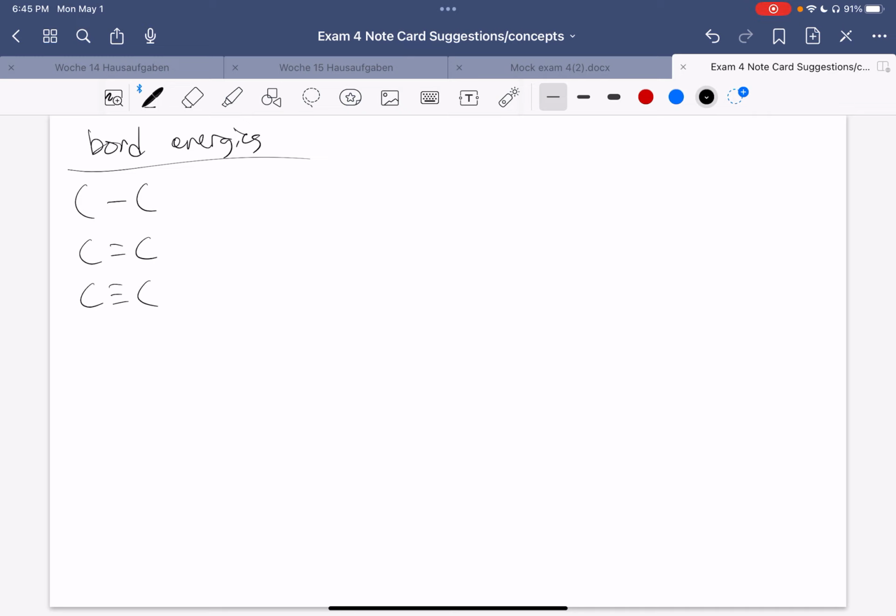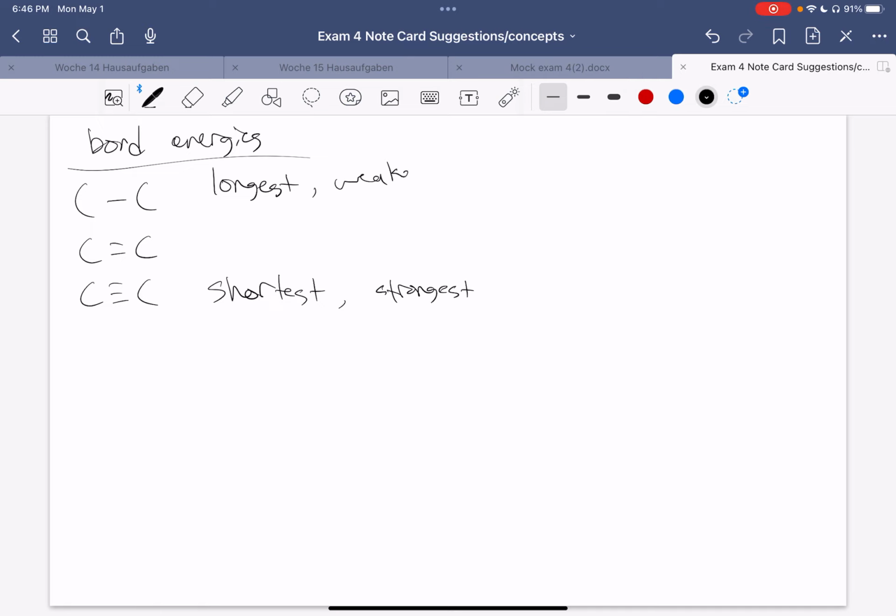I don't even know if that exists, but let's say this will be the shortest, this will be the longest in terms of bond lengths, and then this will also be the strongest bond, and this will be the weakest bond.